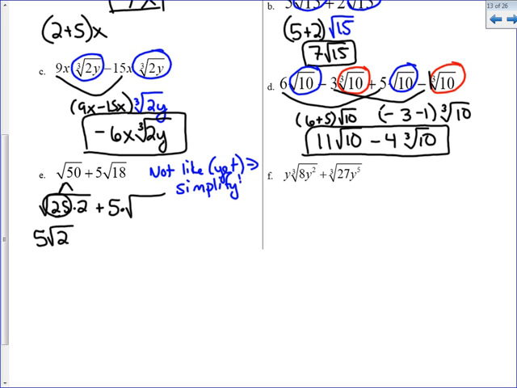How about breaking up the 18? 9 and 2. So I have the square root of 9 times the square root of 2. So what number's coming out front with that 5? 3. So 5 times 3 times the square root of 2 gives me that second term to be 15 square root of 2.